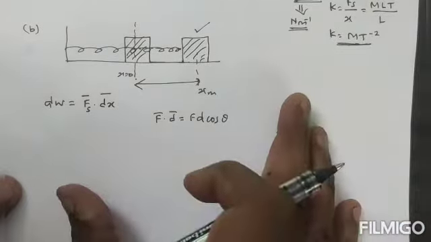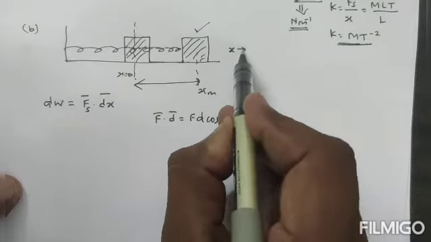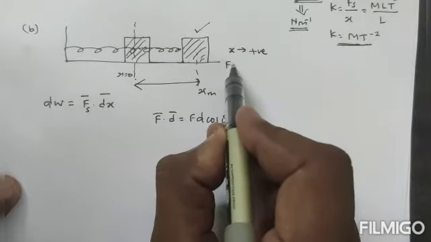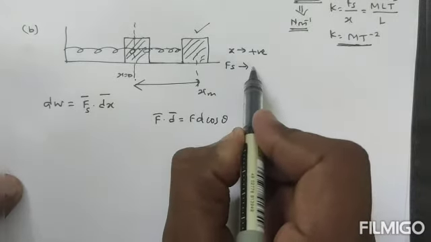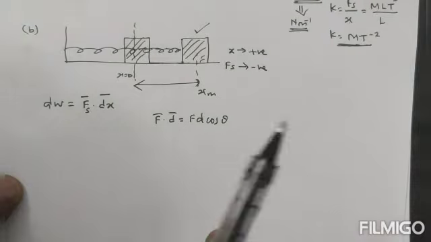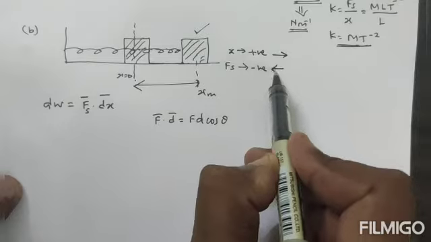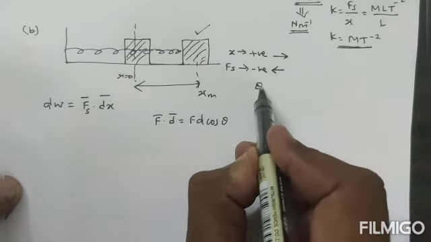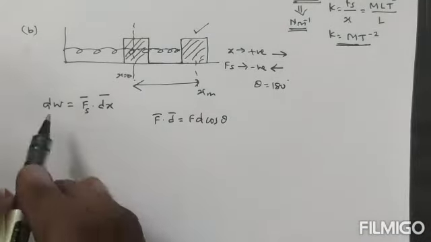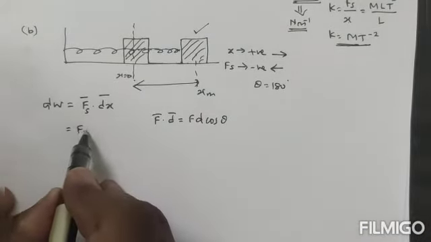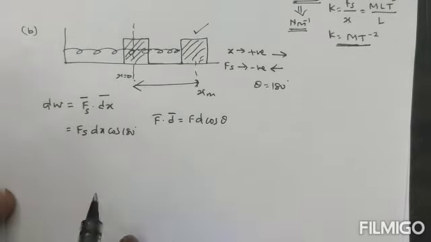In the second diagram x is positive, while the spring force is negative. The angle between these two vectors is 180 degrees, so I can write Fs dx cos 180.